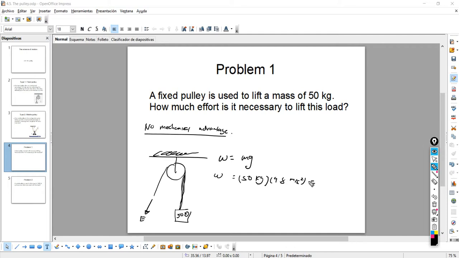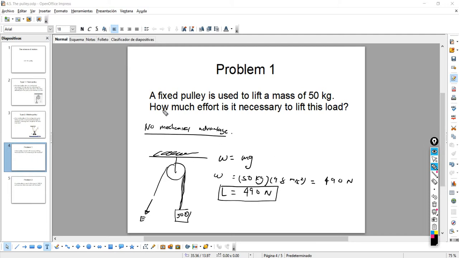When you calculate that, you get 490 newtons of weight. That's the load, guys, the load that I'm trying to raise. This is not the answer, though.